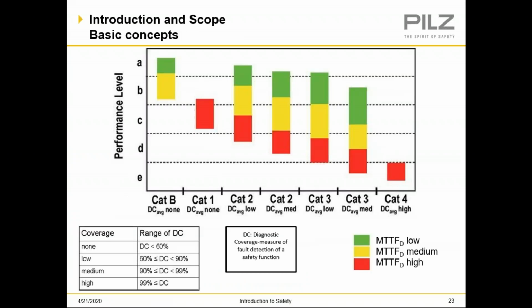This is a little bit different form factor of showing you some of the same information, but it breaks it into safety categories. It takes into account the mean time to failure to a dangerous condition, as well as performance level. So it gives you a little bit more information, and it goes into diagnostic coverage, which would be coverage measure of fault detection of a safety function.